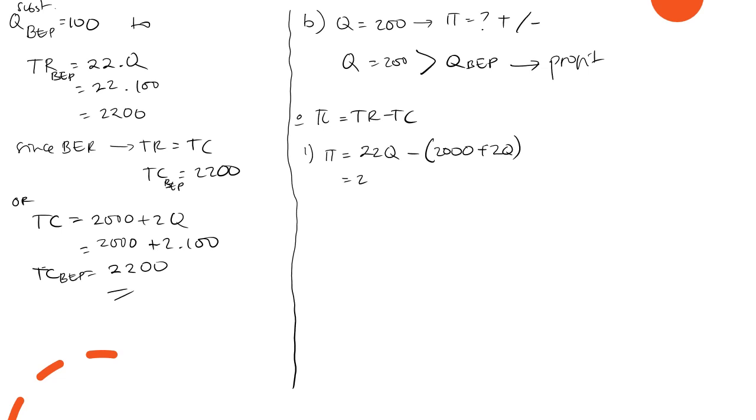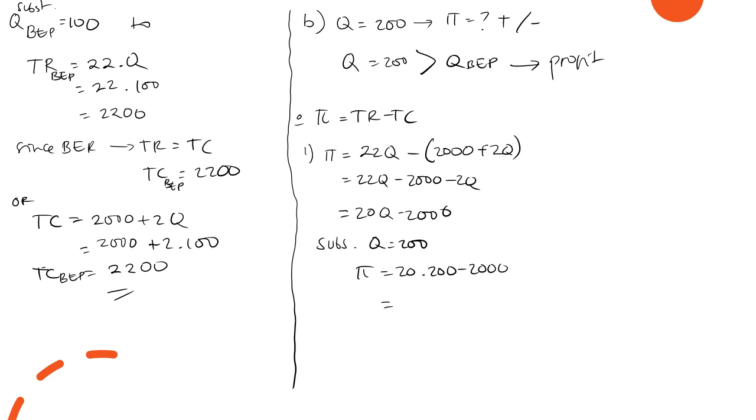Open the brackets, and then this is 20Q minus 2000. Then you substitute Q 200, it becomes 20 times 200 minus 2000. It is 20 times 200 is 4000 minus 2000, and it will give you 2000. Okay, positive 2000, so it is proven positive. And it is profit.